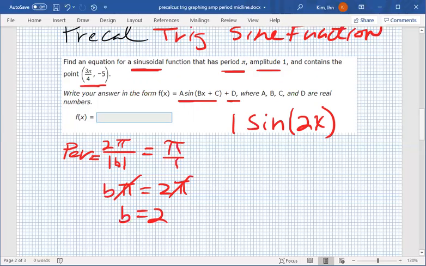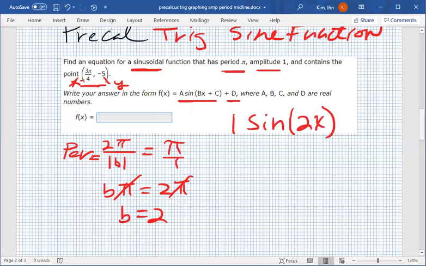Now, if you stop there, it's incomplete because we have to check these points. Remember that this is the x value right here, and this one is going to be the y value. So we don't care about the 1, but we do care about putting it into this format.